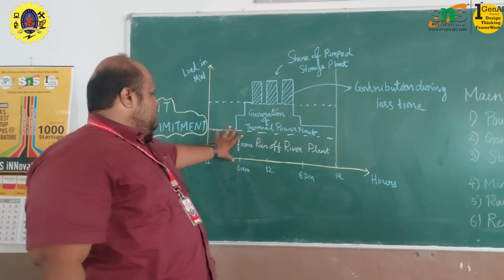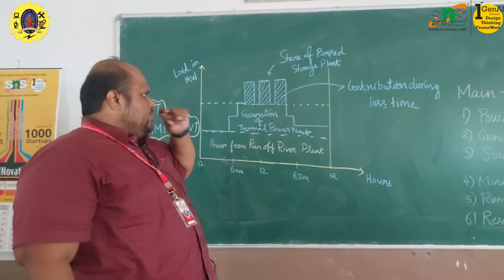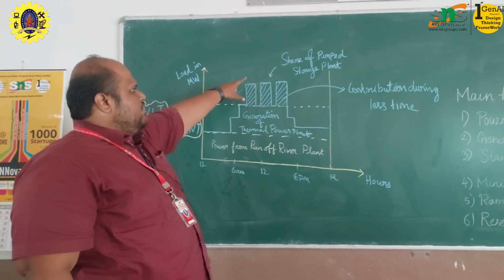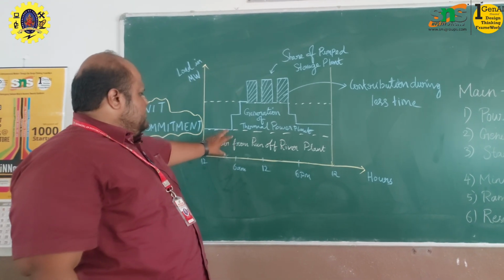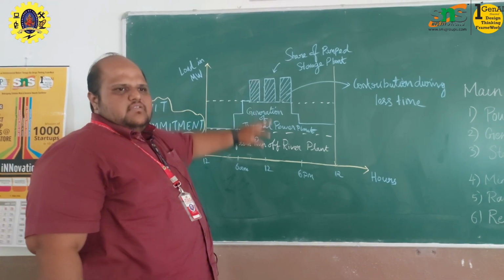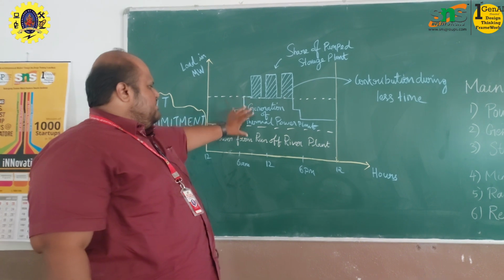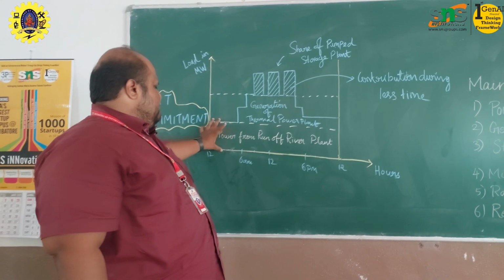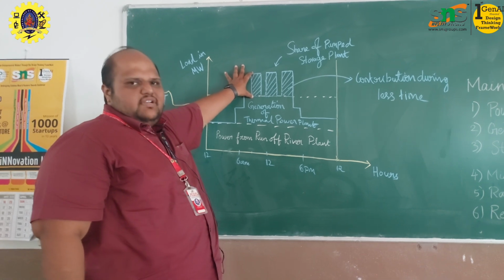So the base load is taken from the river power plant, the mid load is taken from the thermal power plant, and the peak load is taken from the pumped storage plant. Cost wise, this is very low cost, this is moderate cost, and this is high cost. The moderate cost is used in the mid range, the low cost is used throughout the day, and the high cost is used very rarely.